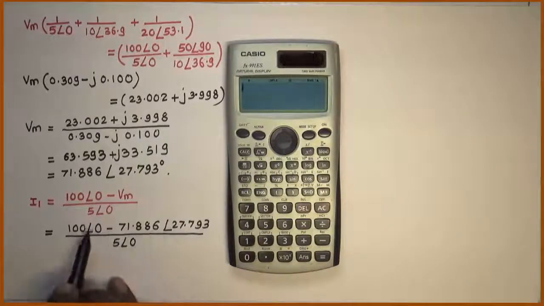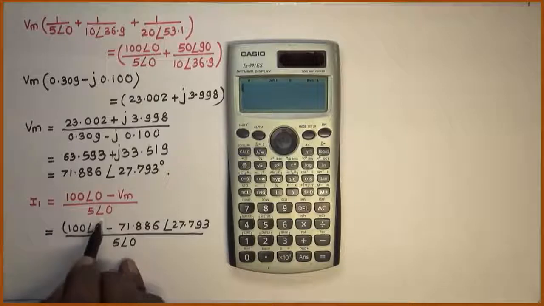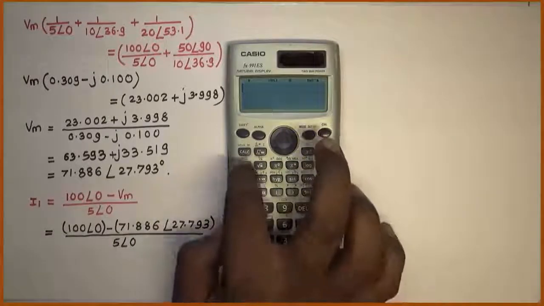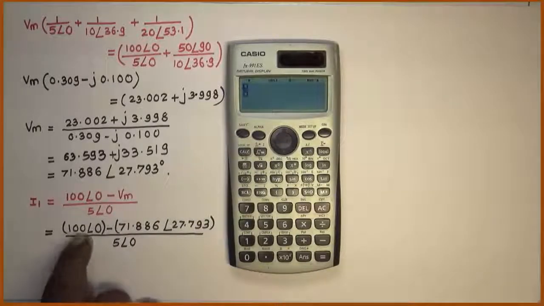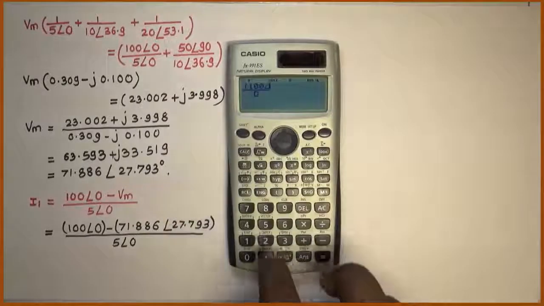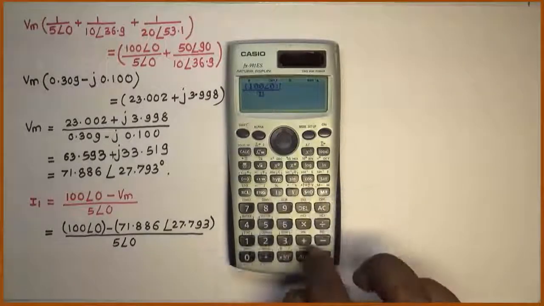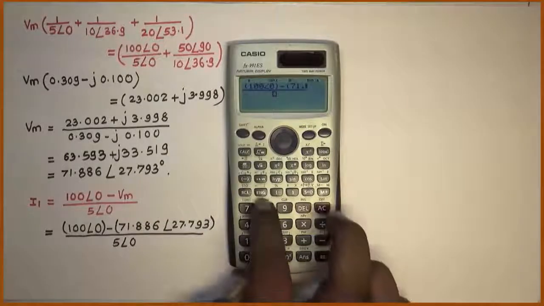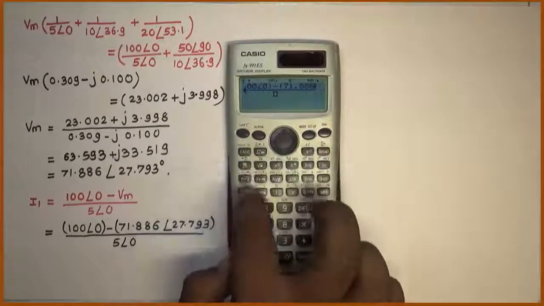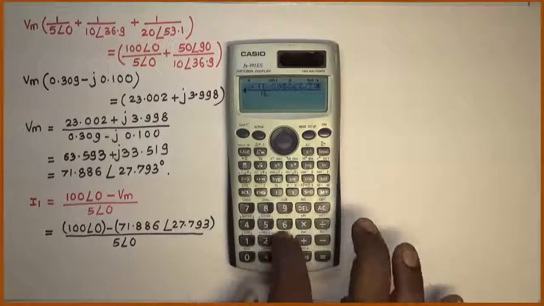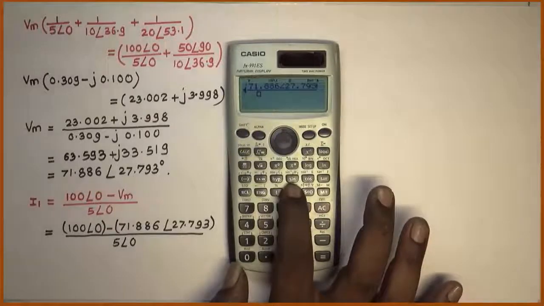In the numerator, there is subtraction of two numbers, so it's better if we separate these two numbers by brackets. Now it is a division of this complex number divided by this complex number. So I press division symbol. We have to enter the first value 100 angle 0 bracket complete minus second bracket 71.886 angle 27.793 bracket complete.